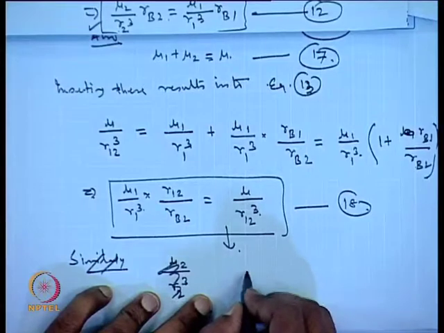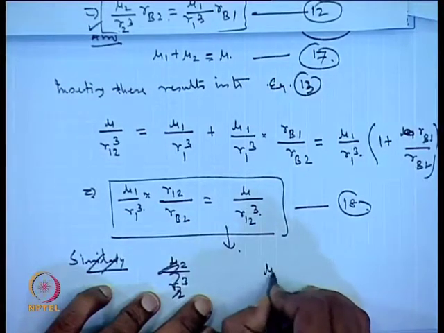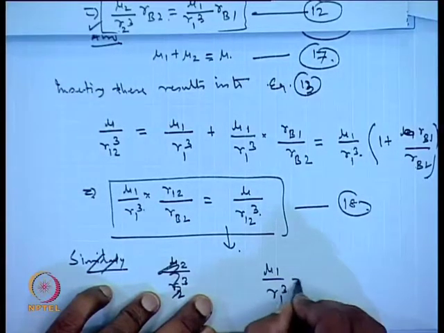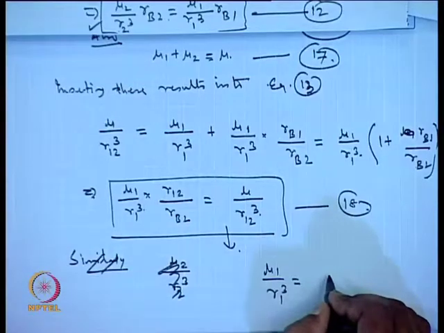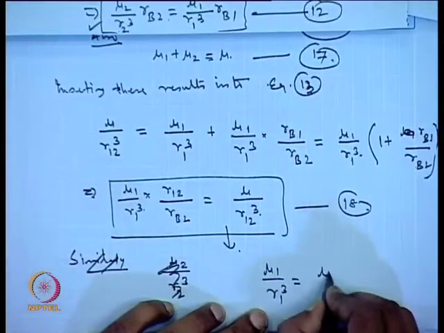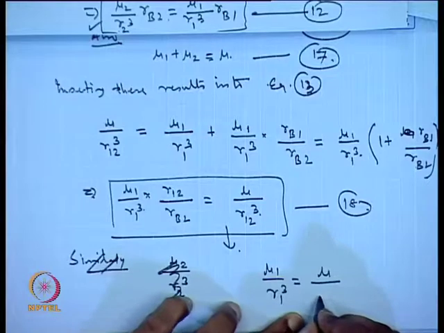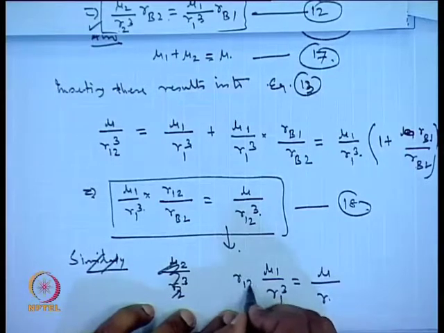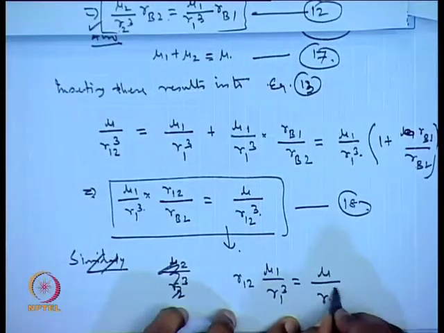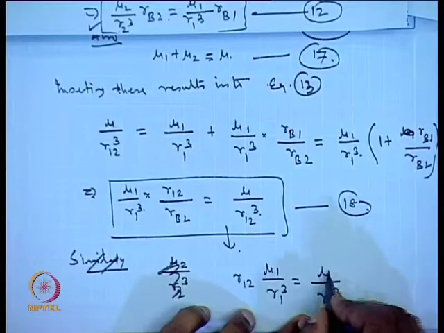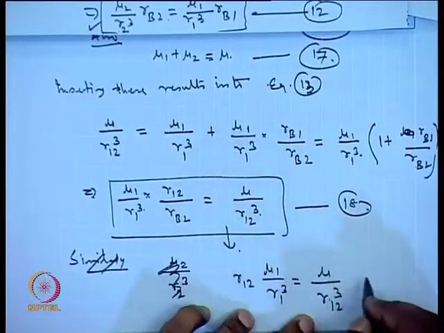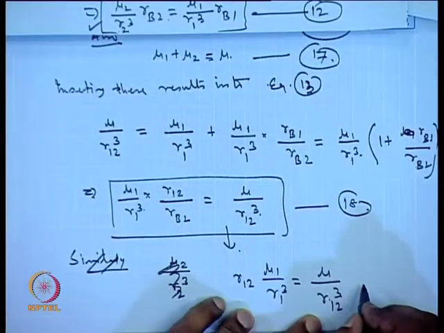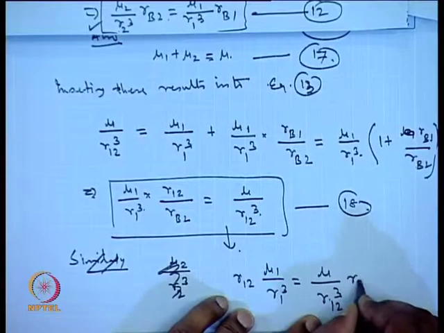So, we will write this as mu 1 by r 1 cube is equal to mu by r 1 2 whole cube times r b 2.